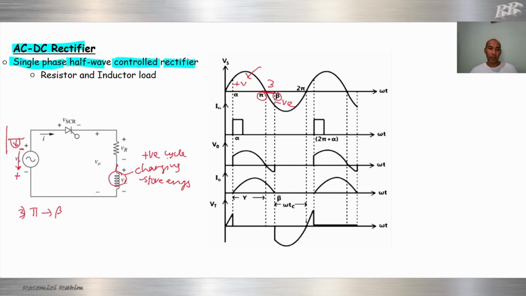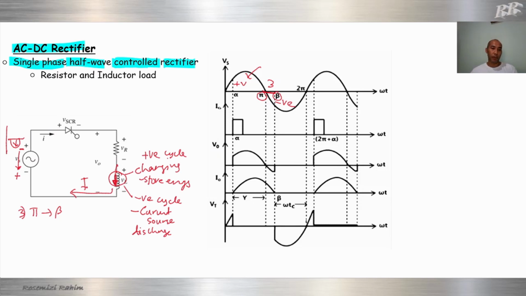What happens is the inductor will become a current source during negative cycle. So it will supply current. It will discharge energy in terms of current.